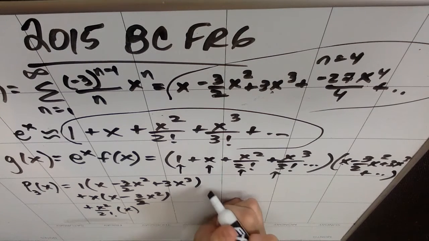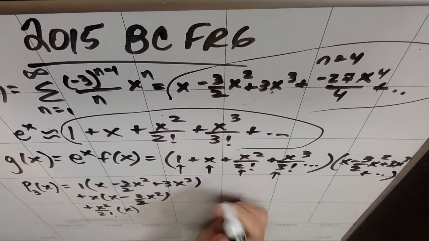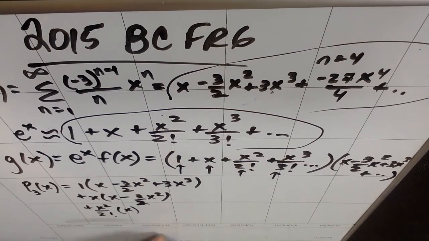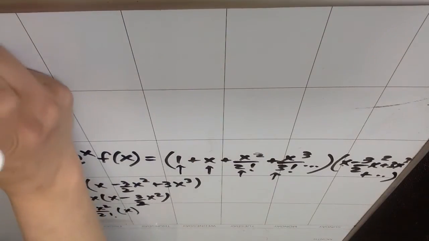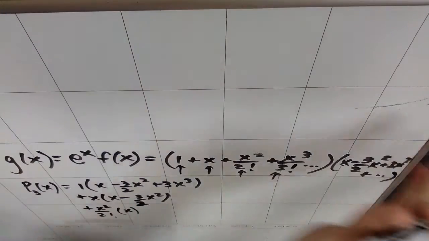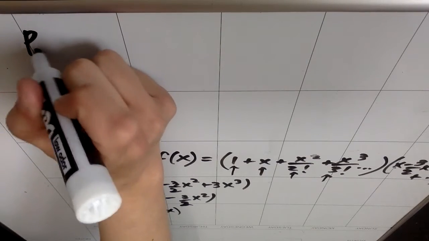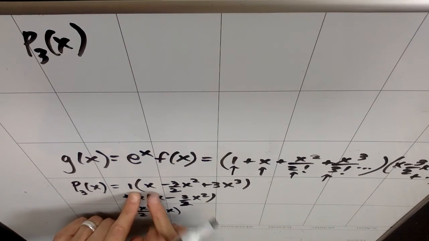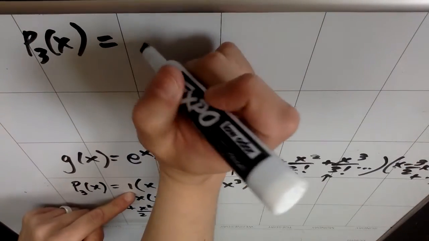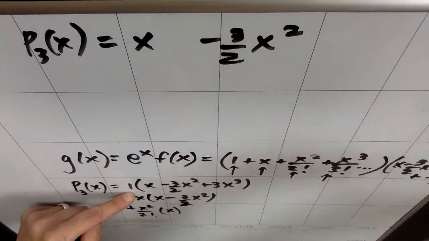So now, I'm going to go ahead and clean up my stuff. I wrote it in sort of a discombobulated fashion, but we'll survive. I'm going to clean this up at the top, where I have some room, since this is the last part of this problem. So it seems to me that my p sub 3 of x, if I clean this up, I have an x, a negative 3 halves x squared, and a plus 3x cubed.